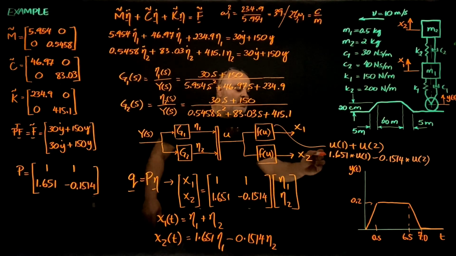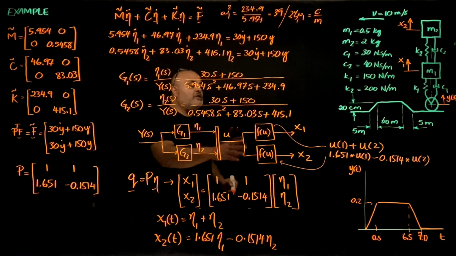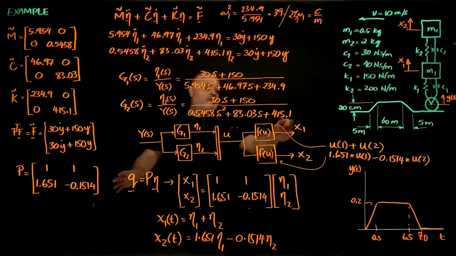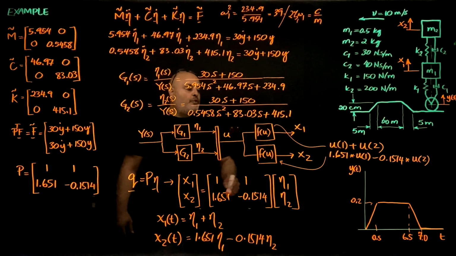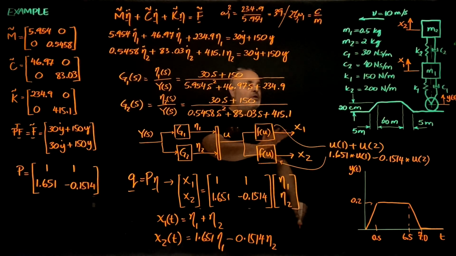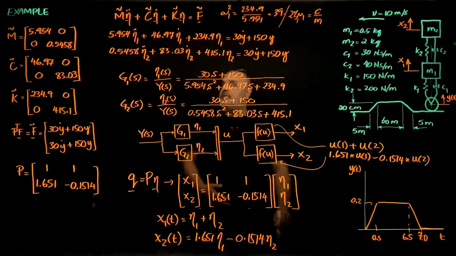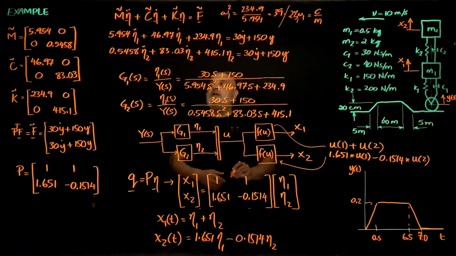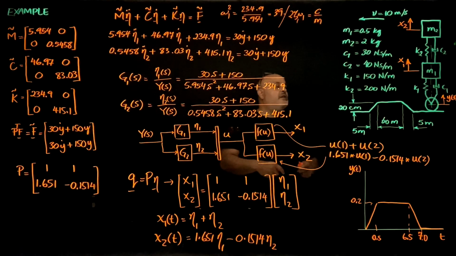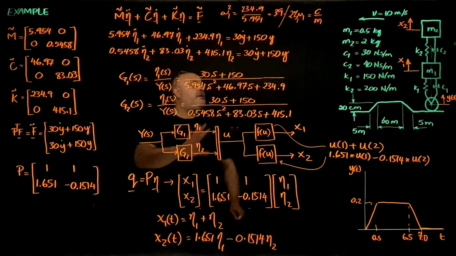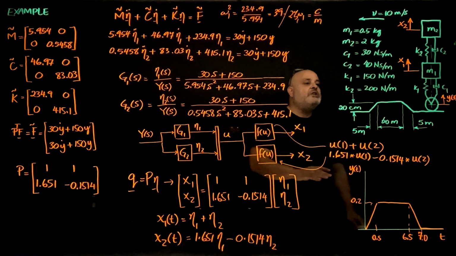Insert these equations into these two blocks and you will get x1 and x2. You can either store the values or stick a scope at the end of each line and observe the motion of the masses, x1 and x2. So this is how we deal with forced damped multi-degree of freedom systems, but this is, as I said, a special case where we have proportional damping.